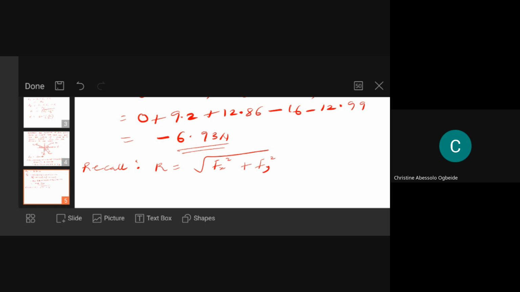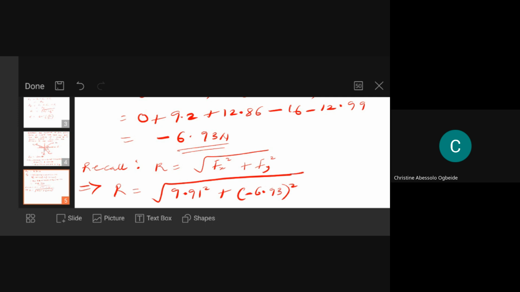So R becomes the square root of 9.91 squared plus minus 6.93 all squared.